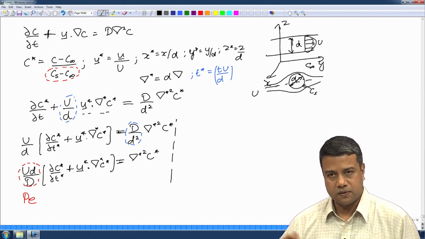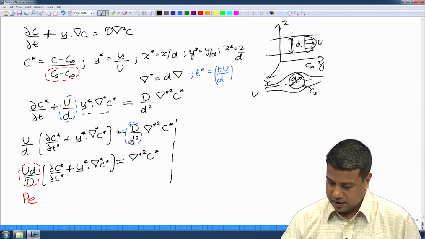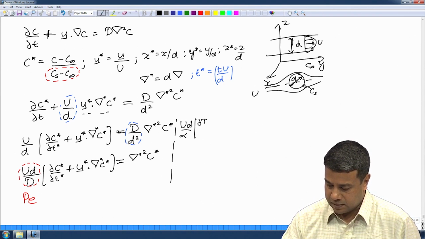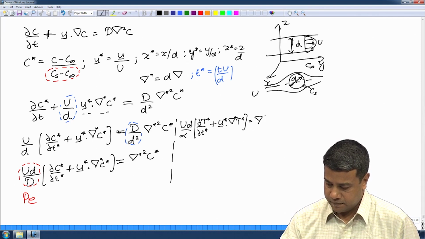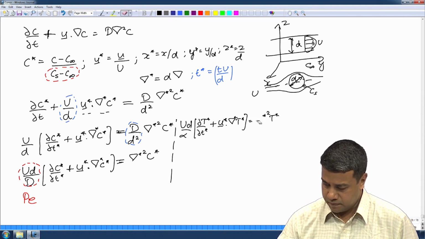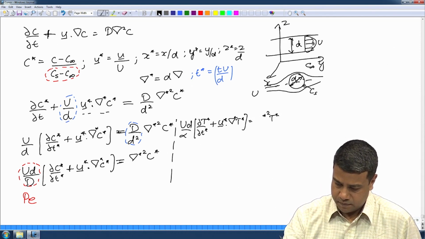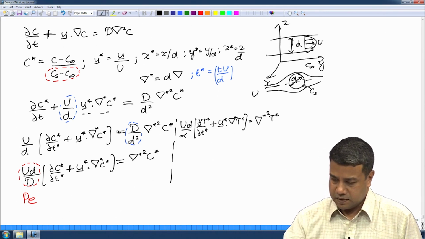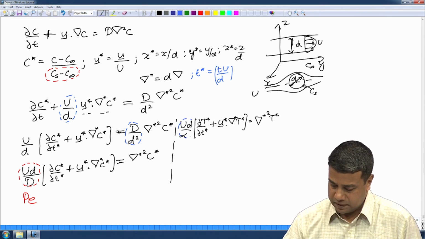I substitute T for C and alpha for D, and what you would get is u d by alpha into partial T star by partial t star. So, this is the Peclet number for heat transfer.